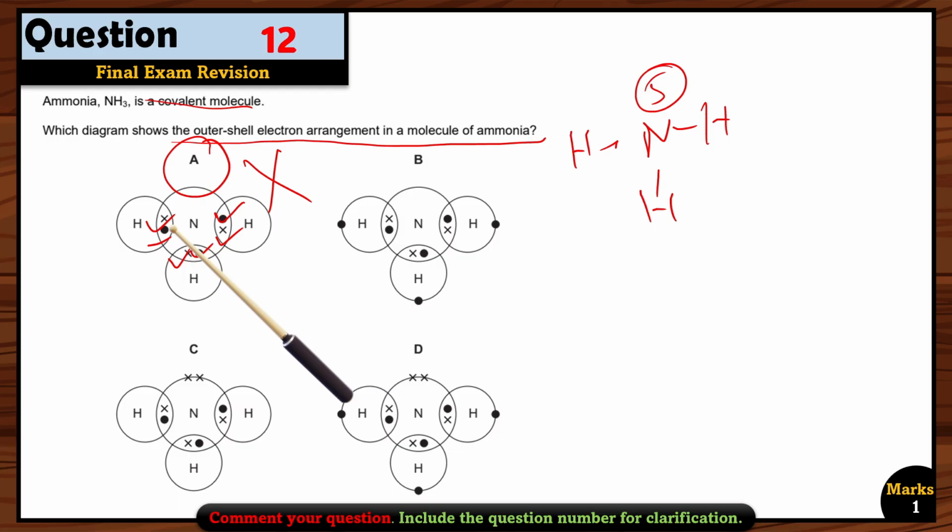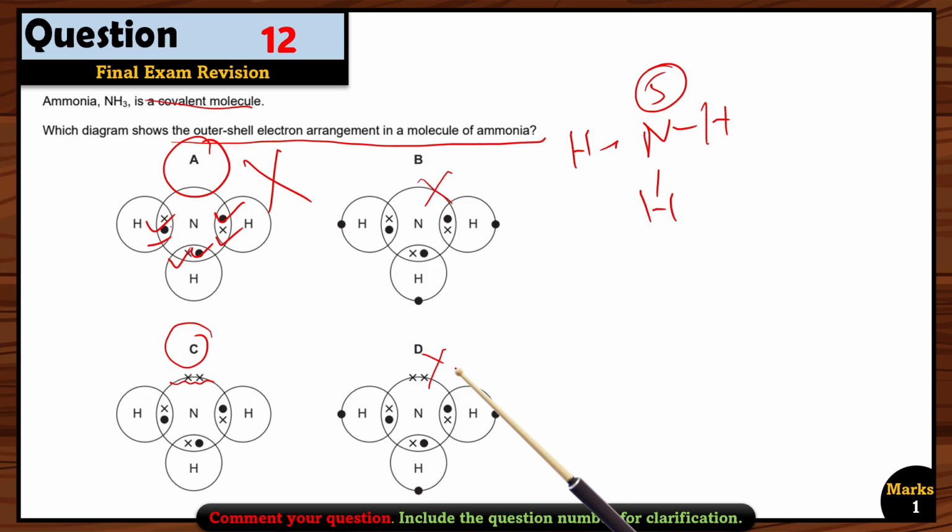You have to show them in your electronic configuration, because whenever you are drawing the structure, you are drawing all the electrons present in the last shell. So option C is the only right option, because you can see these 2 electrons here, but you cannot find them here and also not here.